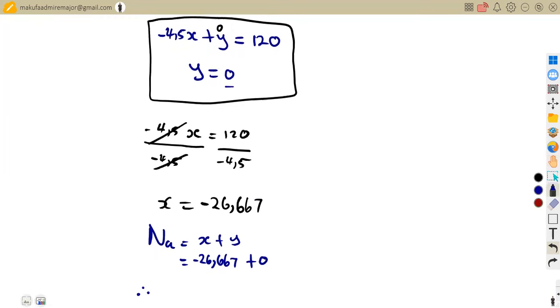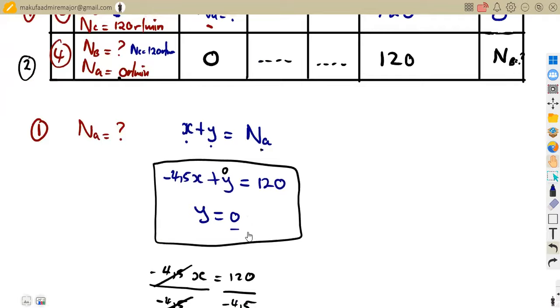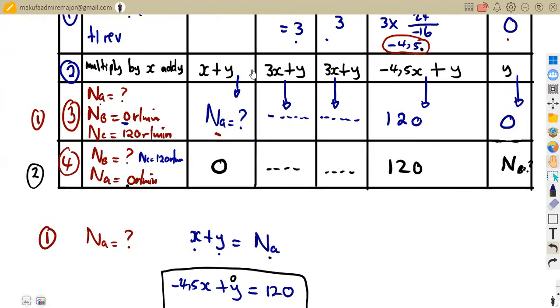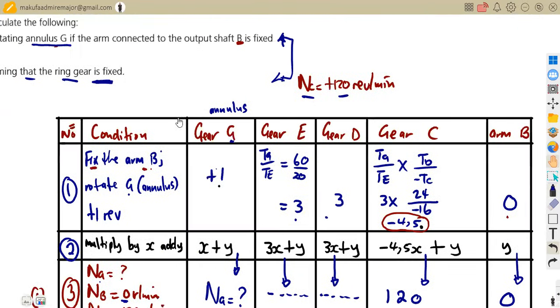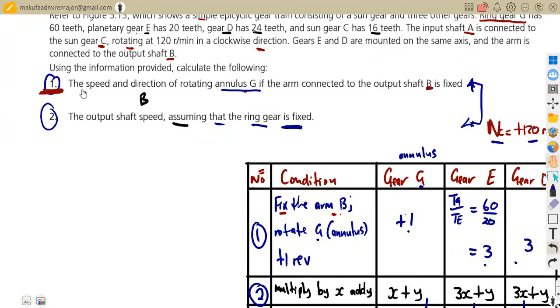So the speed of G is minus 26,667 revs per minute. It means 26,667 revs per minute in the anti-clockwise, if you want to write in words, but you can leave it like that. So we have solved question number 1. We used the information on question 1 to answer question 1.